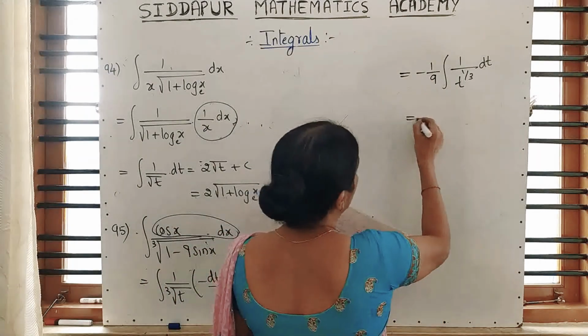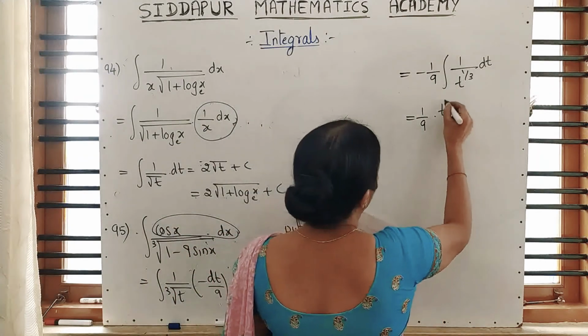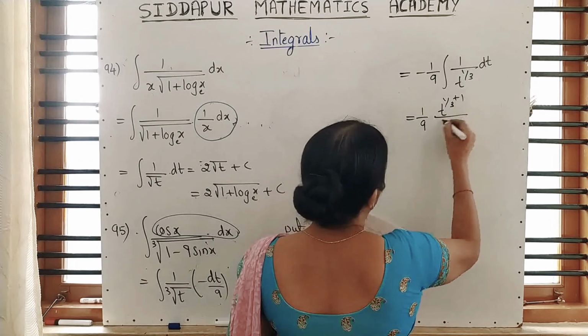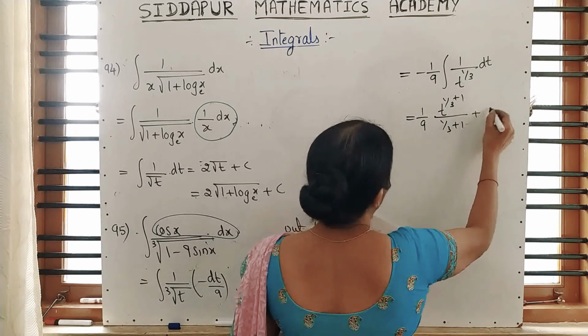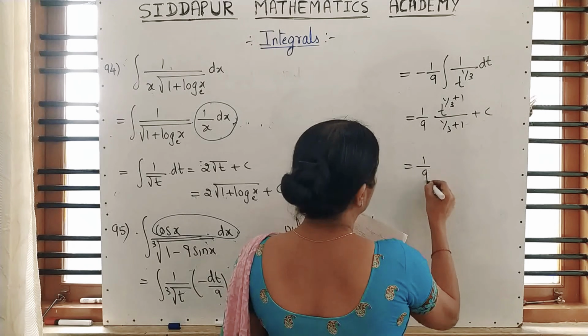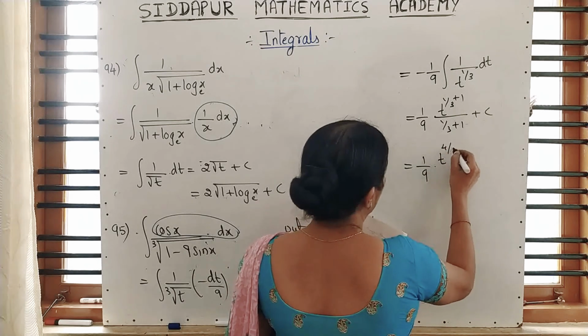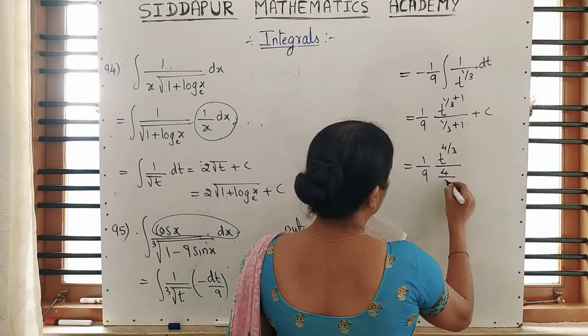So this will be 1 by 9, t raised to 1 by 3 plus 1, upon 1 by 3 plus 1, t raised to 4 by 3 upon 4 by 3.